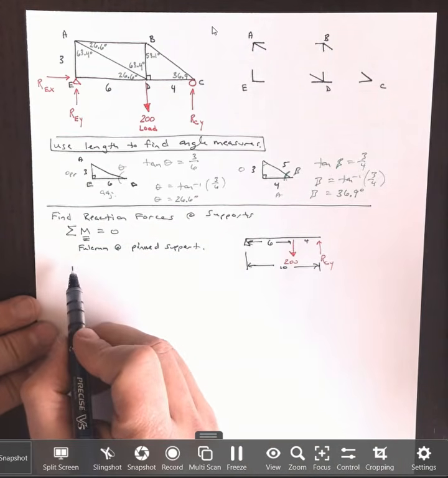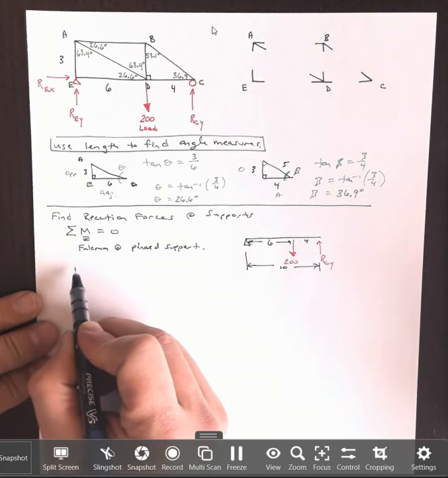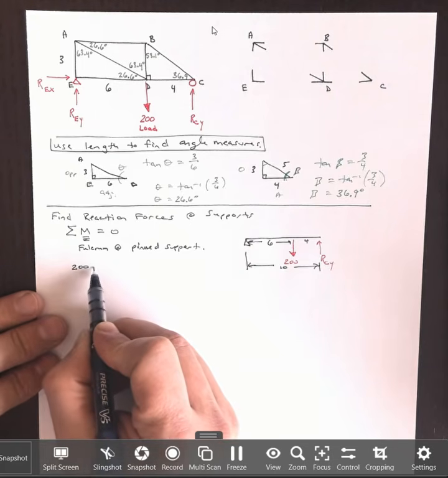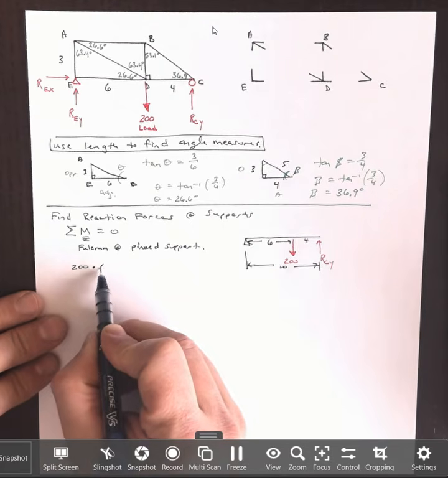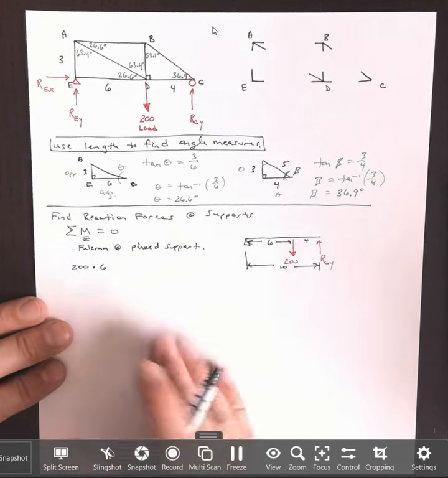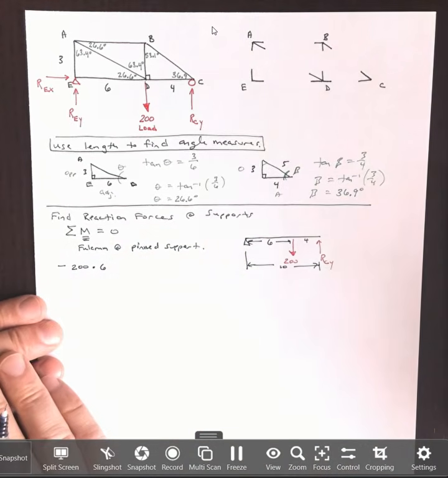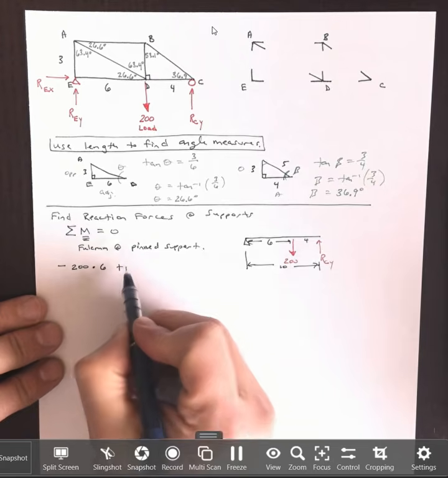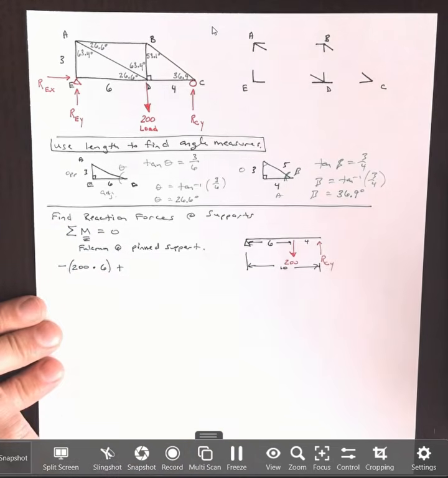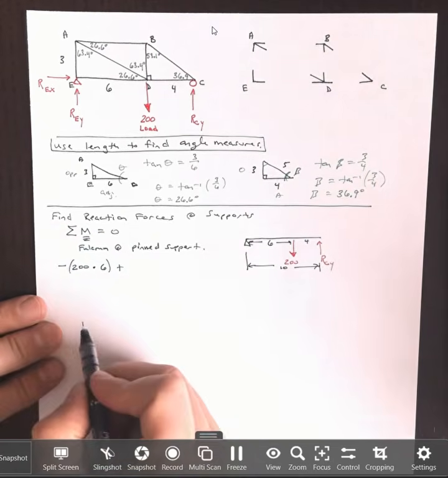So we've got one moment caused by the load, the 200 times the 6 units. Okay, that's a moment, and that moment is clockwise. Clockwise happens to be a negative direction. Just think of that product as a moment, and it's negative because it's clockwise.